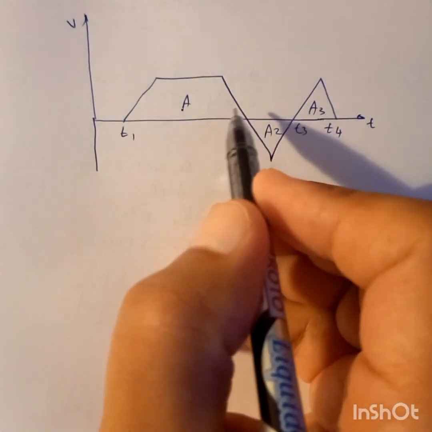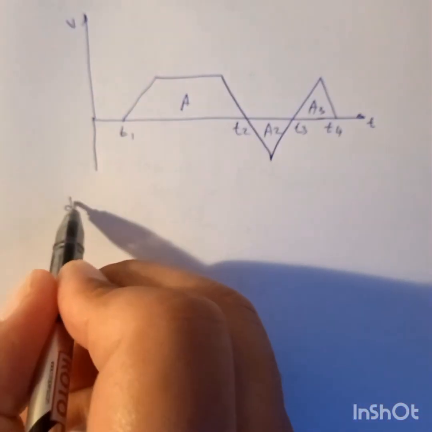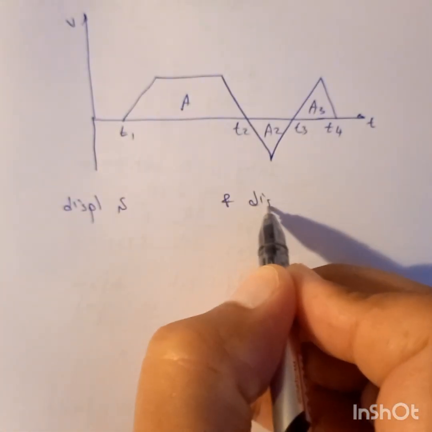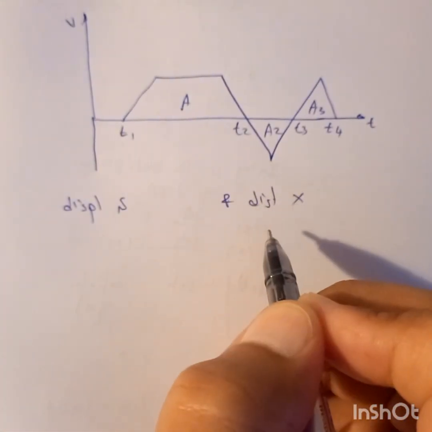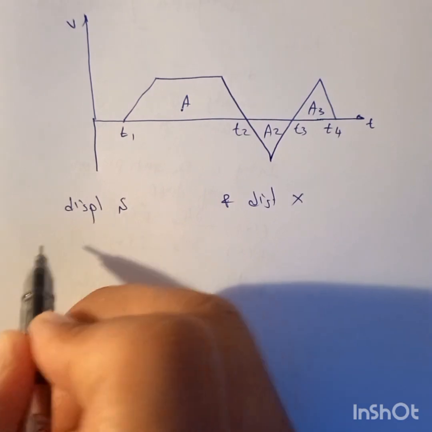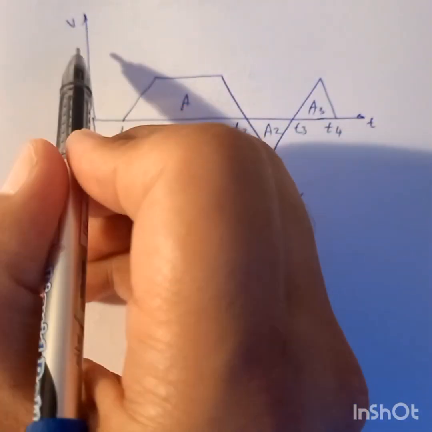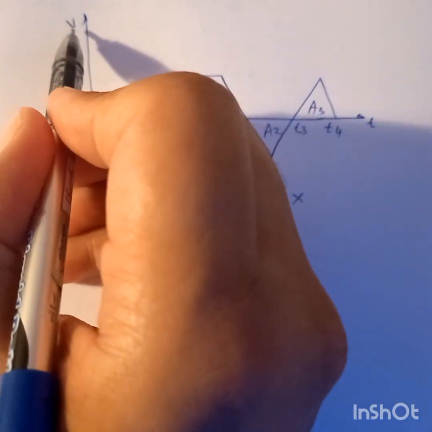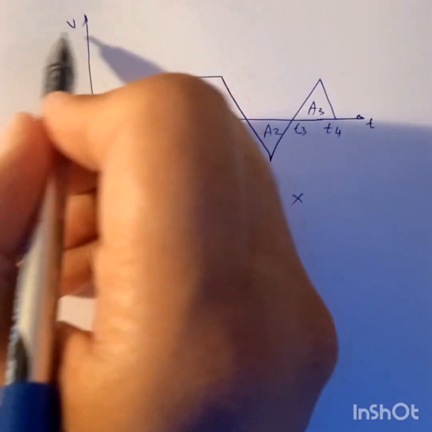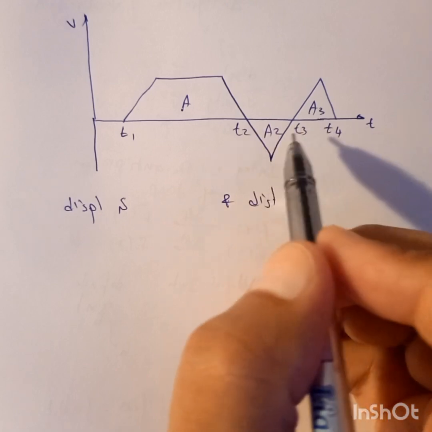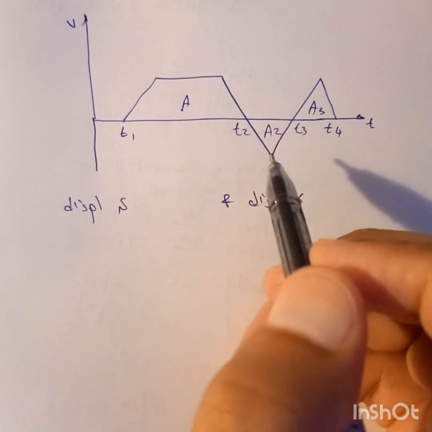Finally, we have to differentiate between displacement s and distance x. Here we can find displacement, for example, from this curve expressing the relation between velocity and time of a body moving in a straight line.